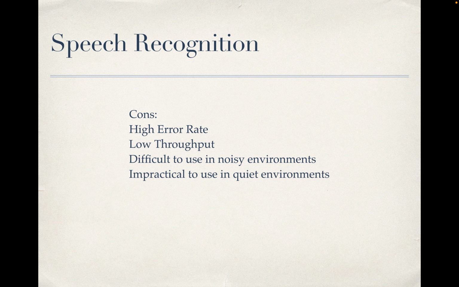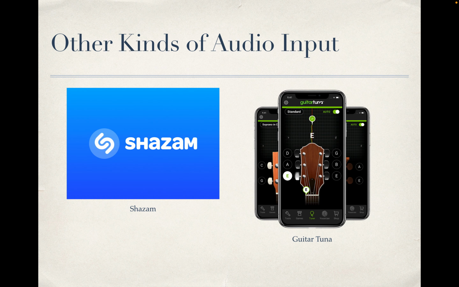And additionally, speech recognition software can be difficult to use in noisy environments or impractical to use in quiet environments. So it's not as versatile in terms of the locations you can use it in as more traditional input methods.